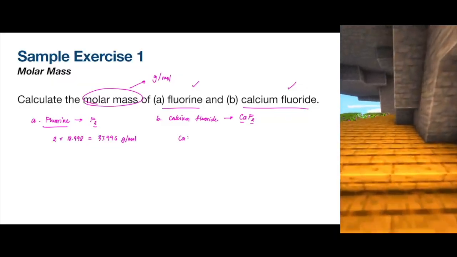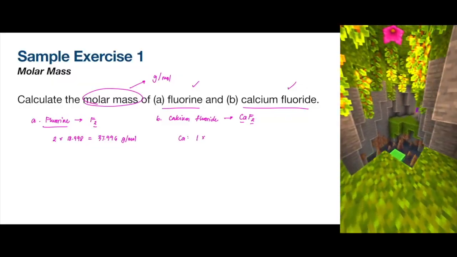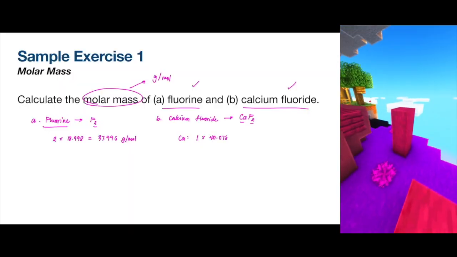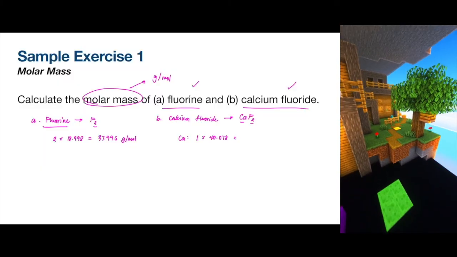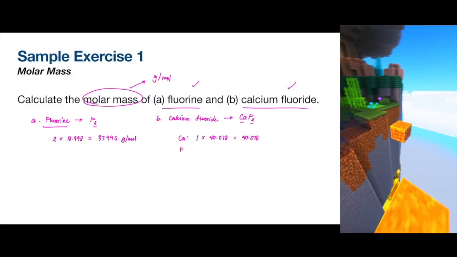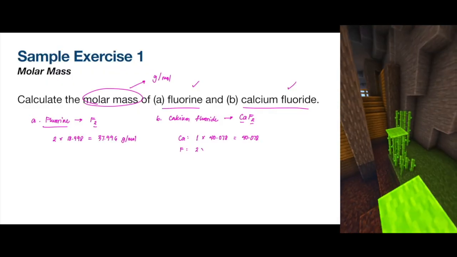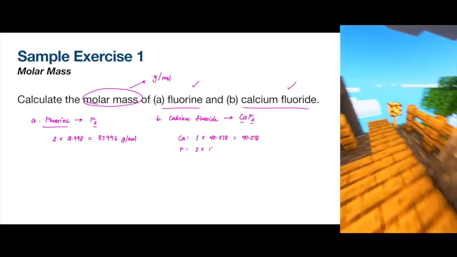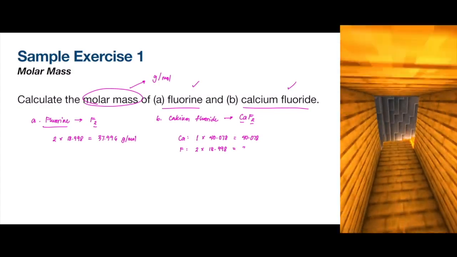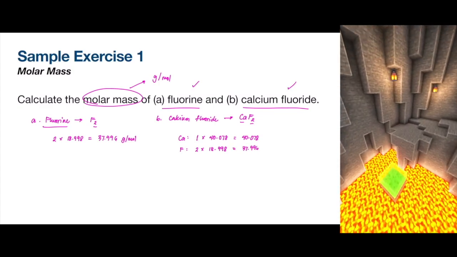So for calcium, we have 1 calcium atom with a mass of 40.078, and that is still equal to 40.078. For fluorine, on the other hand, we have 2 fluorine atoms multiplied by 18.998, which is equal to 37.996.